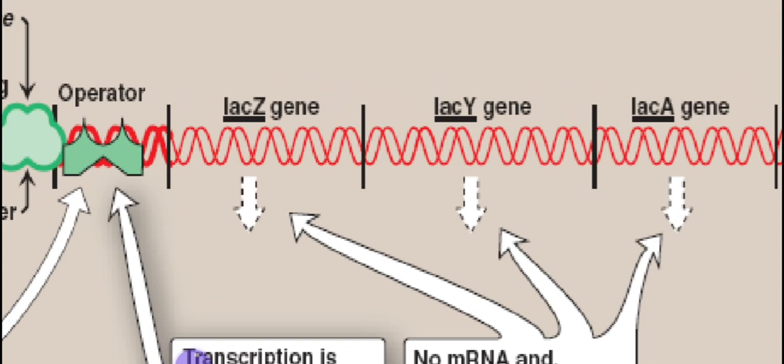The LAC-Z gene codes for beta galactosidase, which hydrolyzes lactose to galactose. The LAC-Y gene codes for permease, which facilitates the movement of lactose into the cell. The LAC-A gene codes for thiogalactoside transacetylase, which acetylates lactose.